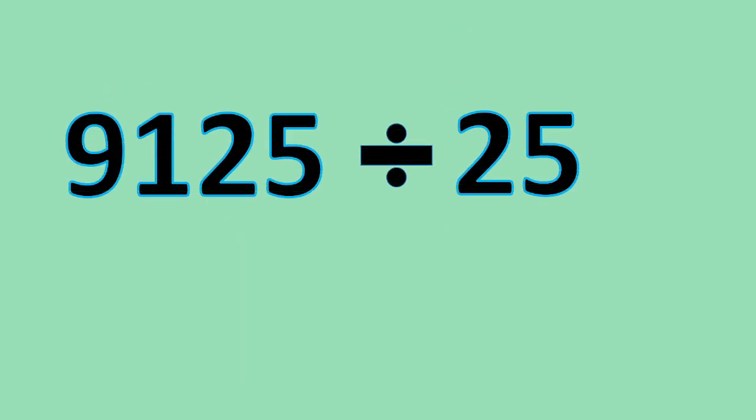Another example, 9,125 divided by 25. First, write the problem using a long division symbol like this. Next, take the first digit of the dividend, which is 9.